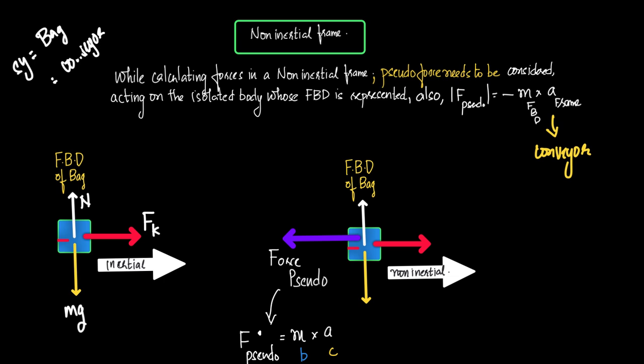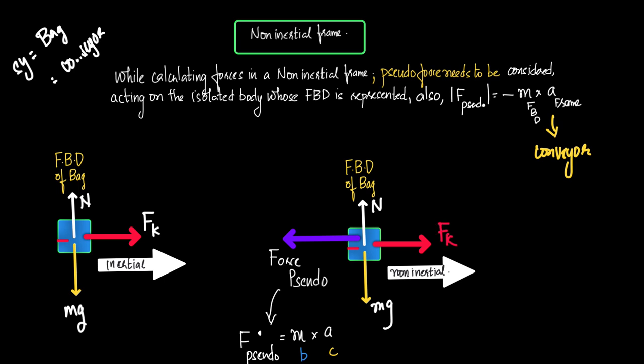But when you consider the free body diagram of the bag in the non-inertial frame, you have one, normal reaction, two, corresponding to this, the weight of the body, three, the kinetic friction acting here as well.